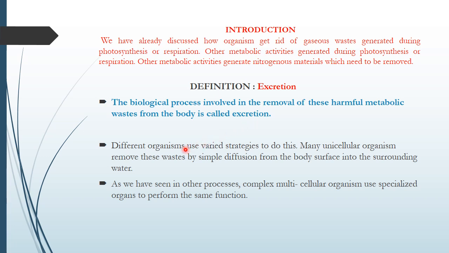Different organisms use varied strategies to do this. Many unicellular organisms remove these wastes by simple diffusion because they have a simple body organization, from their environment to the surrounding water or the place where they are.